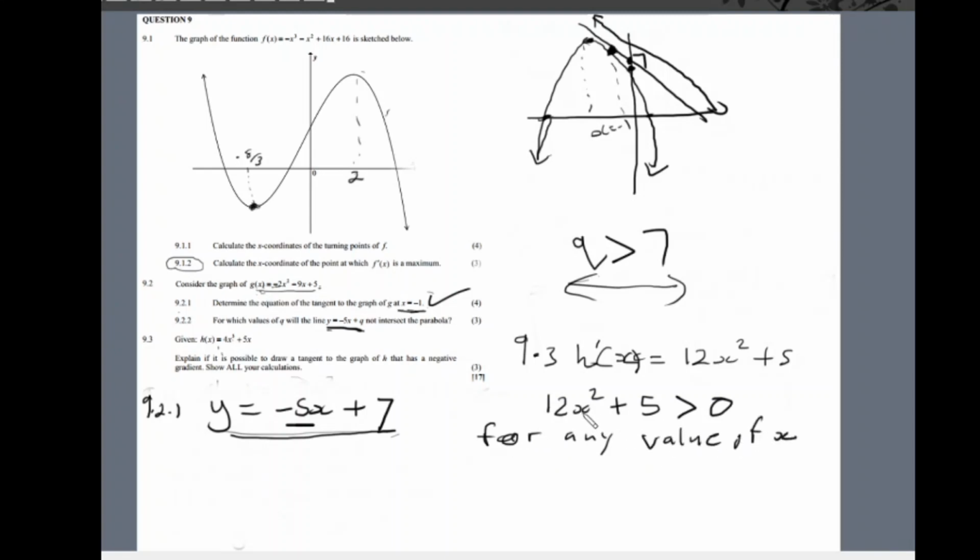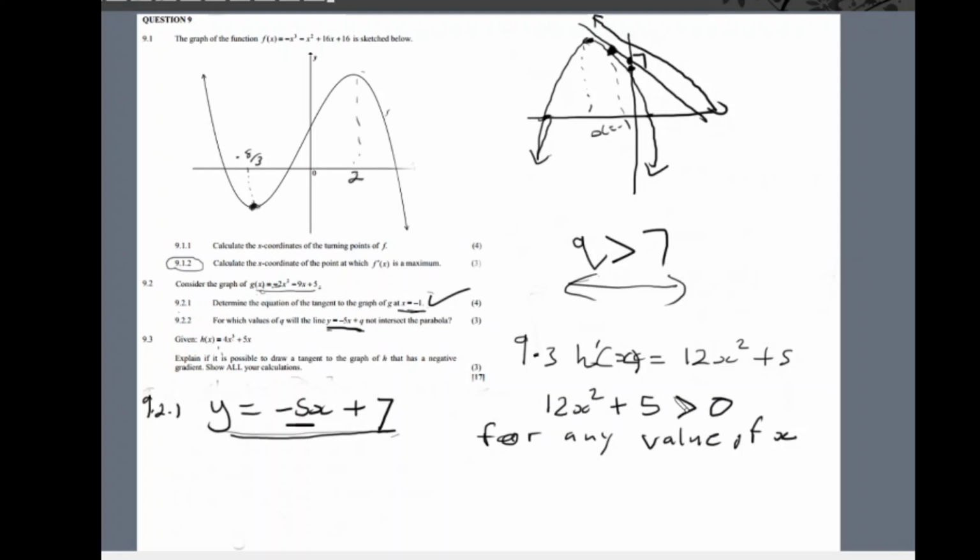If you pick x equals minus 1, you'll have 12 plus 5, and the answer is greater than 0. If you pick x equals 10, you'll have 120 plus 5, and the answer is always greater than 0. If you pick any value for x, this function will be greater than 0 for any value of x that you choose.